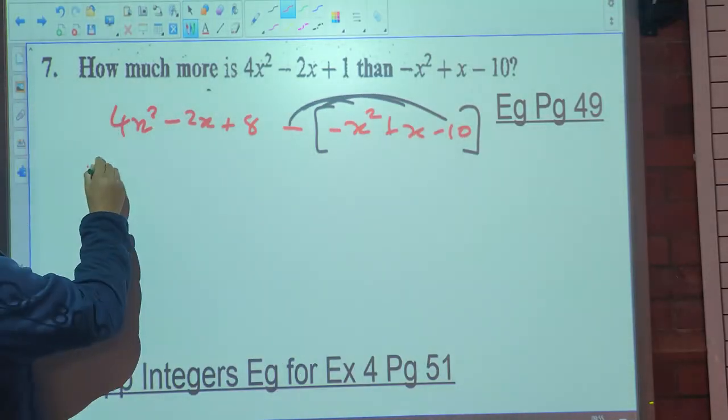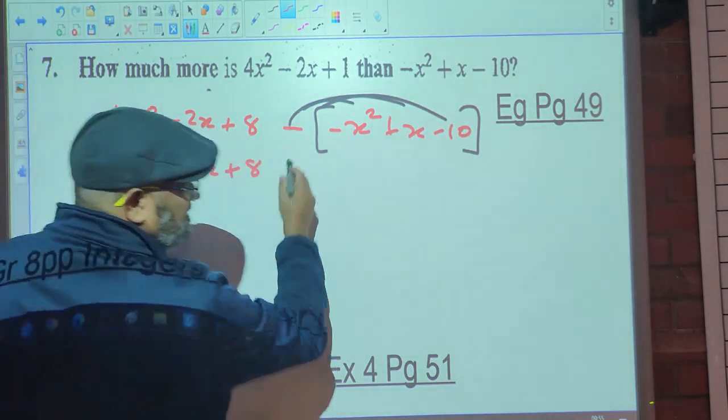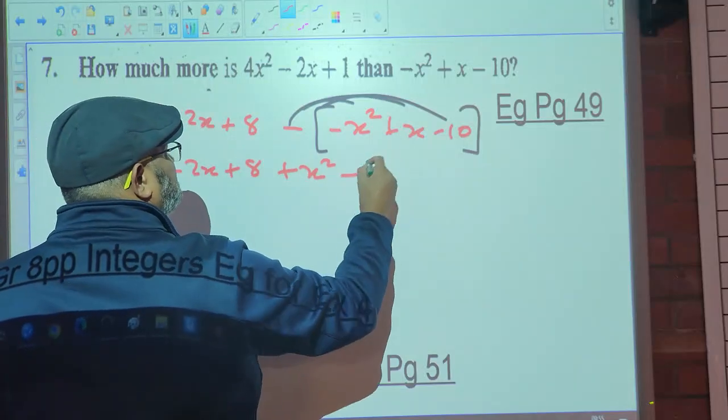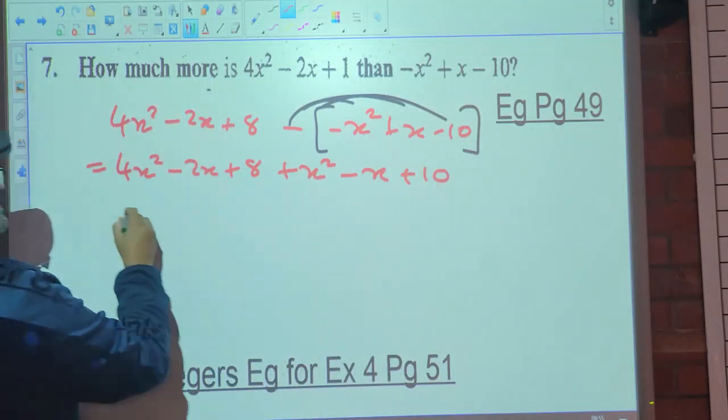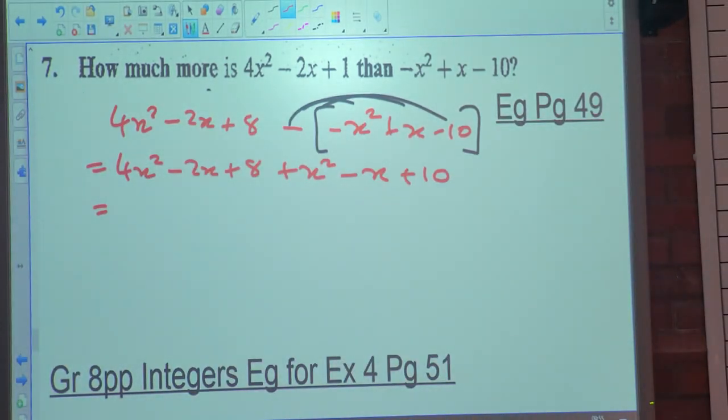What do we get? 4x squared minus 2x plus 8. Negative times negative? What's that? Positive. x squared minus x plus 10. So what do I do now? Like terms.